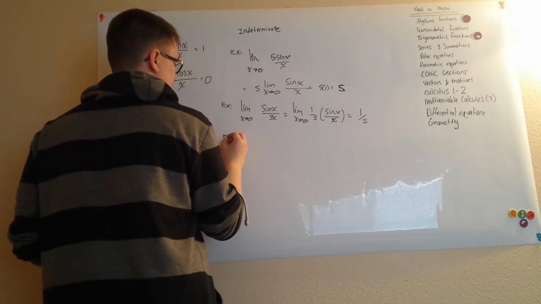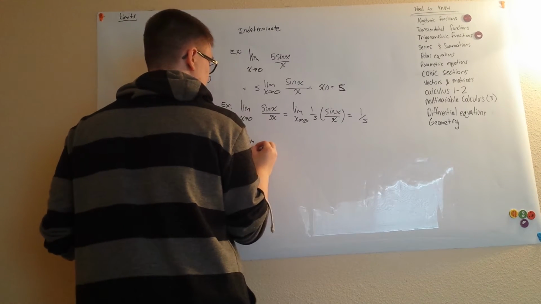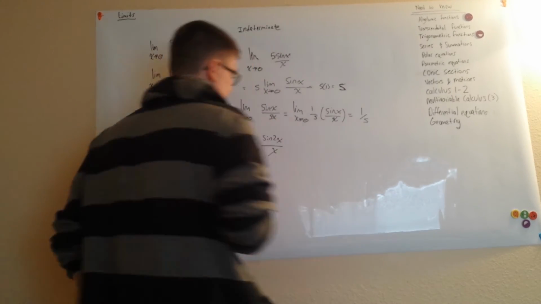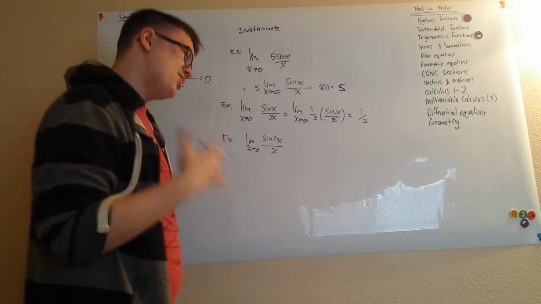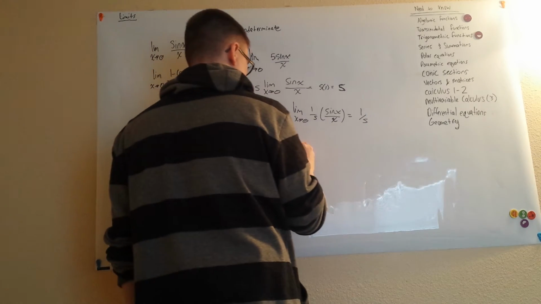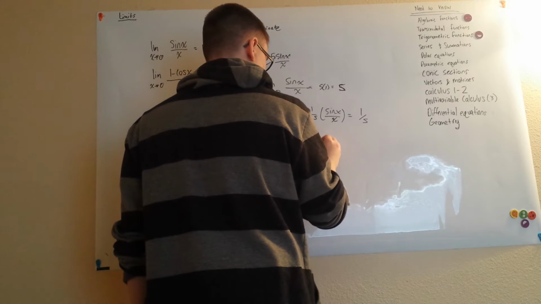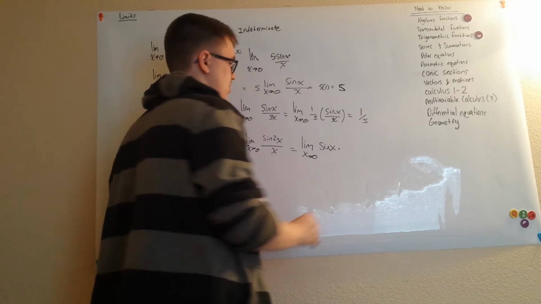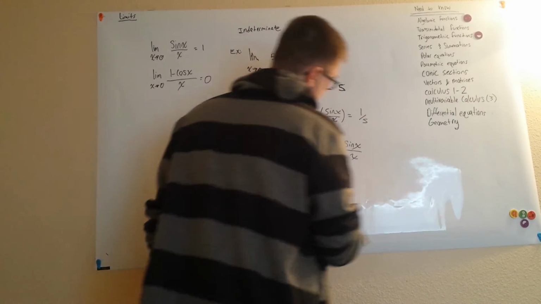Another example. The limit as x approaches 0 of sine squared x over x. This one's a little bit tougher, but we gotta visually see this. Wait a second. This is just sine x times sine x over x.